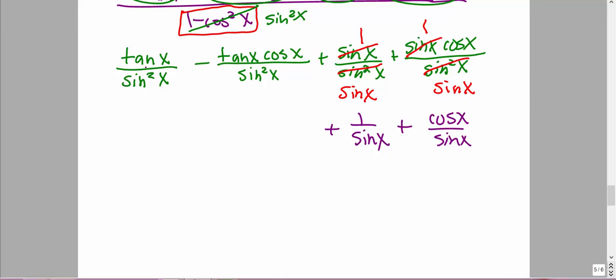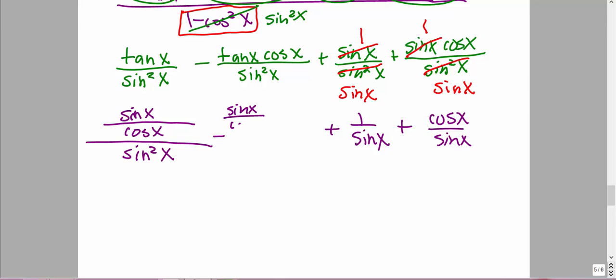But let's think about writing tangent in terms of sine and cosine. So that would be sine x over cosine x divided by, and then we have sine squared x on the bottom, minus, and so here we would also have sine x over cosine x times cosine x. So there's the top of the fraction. All of that divided by sine squared x.